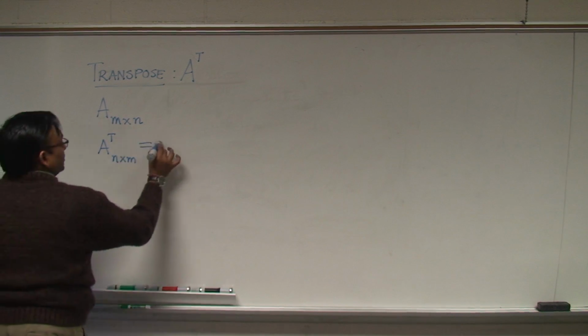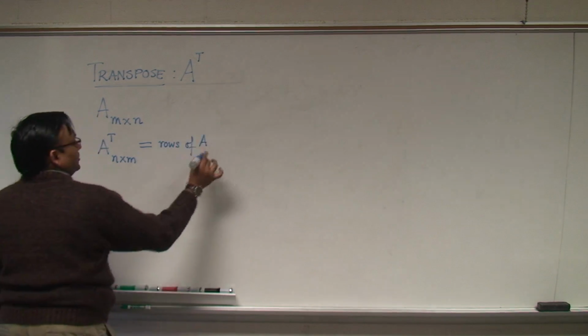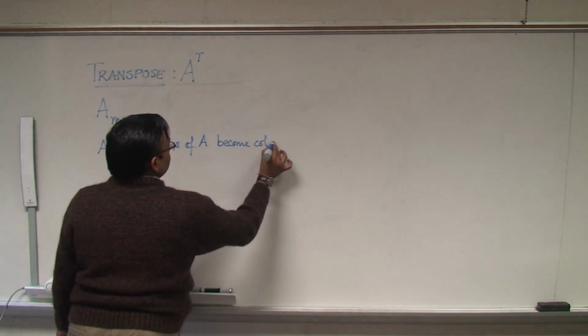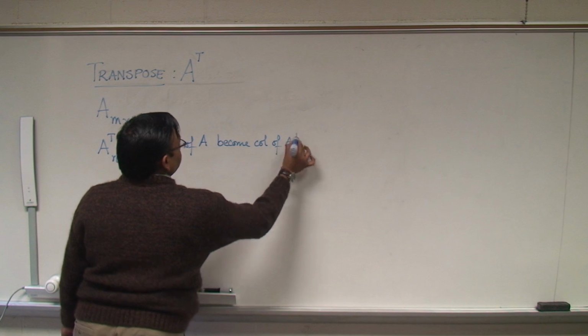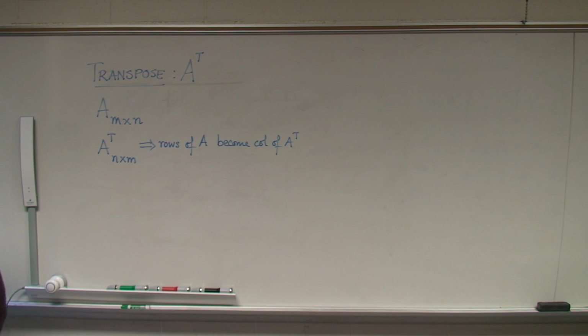So basically the rows of A become the columns of A transpose. So this is how we obtain A transpose and vice versa.